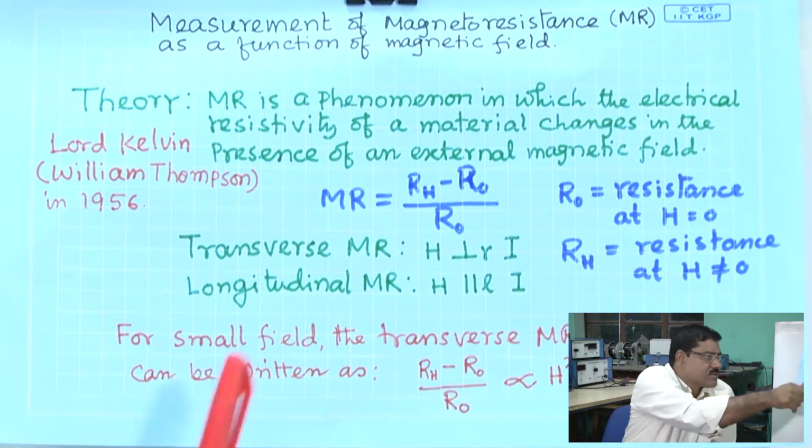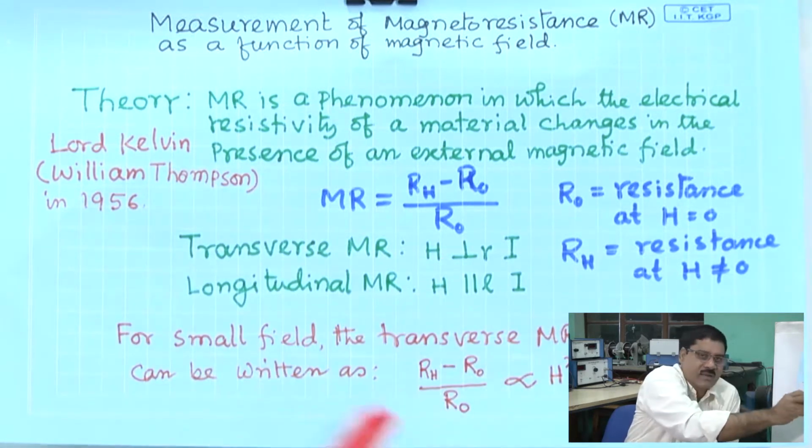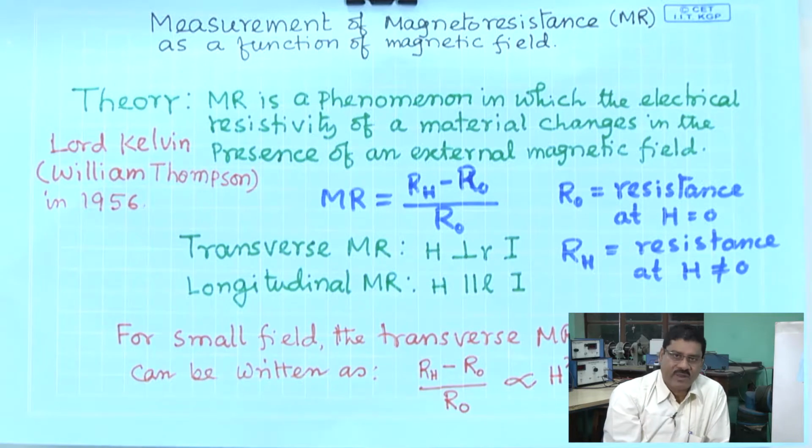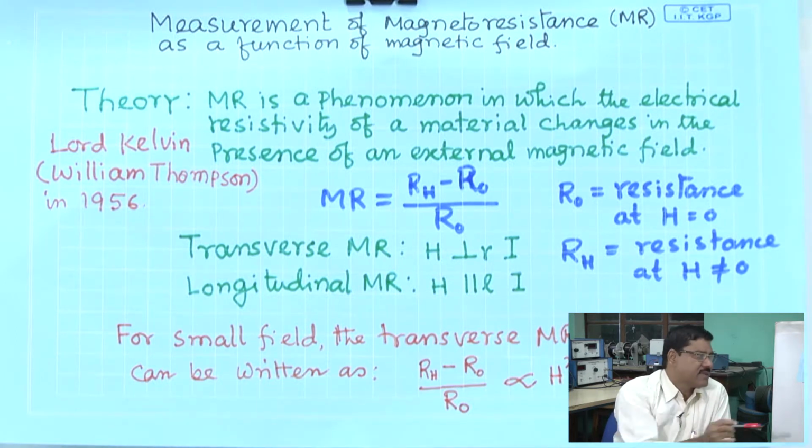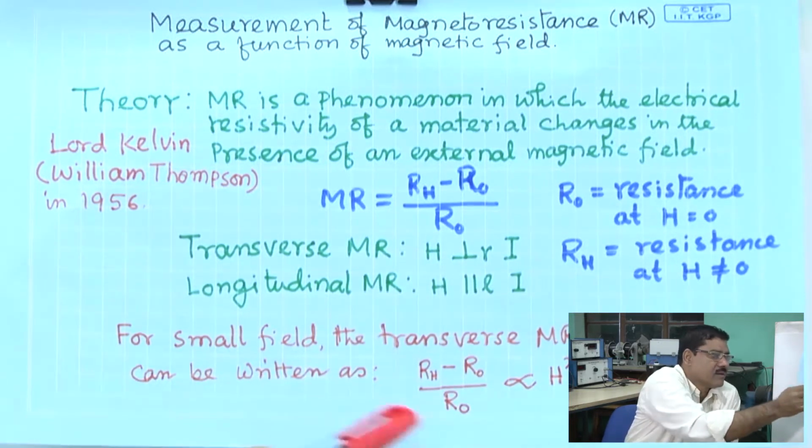Theoretically it is found that this type of dependence of magnetoresistance on magnetic field holds for a semiconductor in transverse mode. So, from this experiment in this laboratory, we will verify this expression.